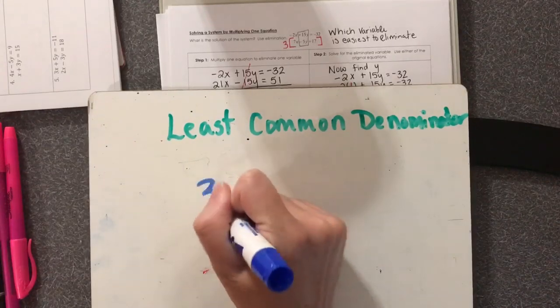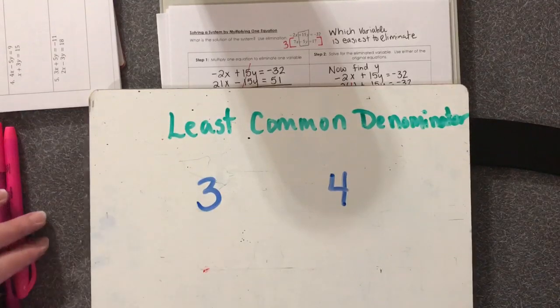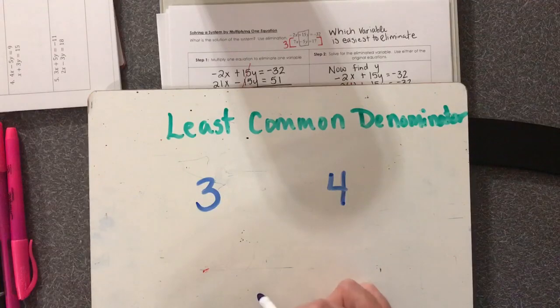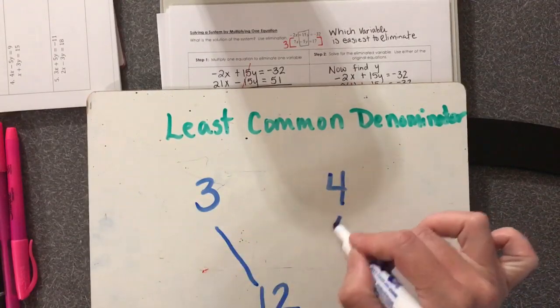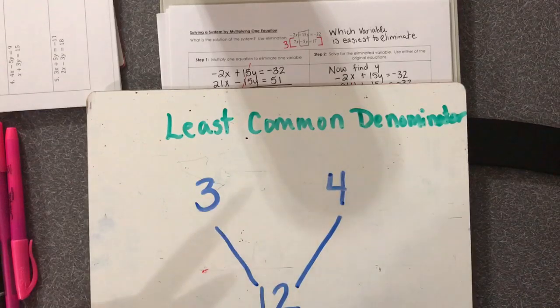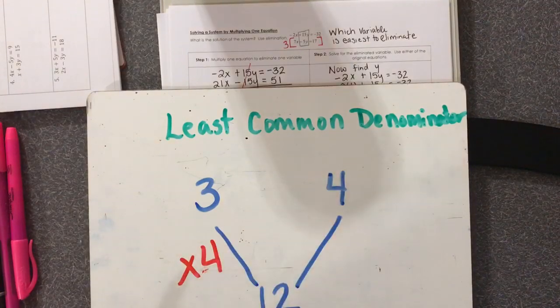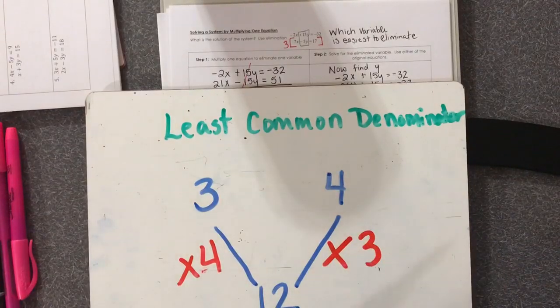So I've got a 3 and a 4, and I've got to find what's called the least common denominator. What number will both 3 and 4 go into? What's the smallest number? Well, that's easy, that's 12. So what did I do to the 3 to make it a 12? I times it by 4. What did I do to the 4 to make it a 12? I times it by 3.